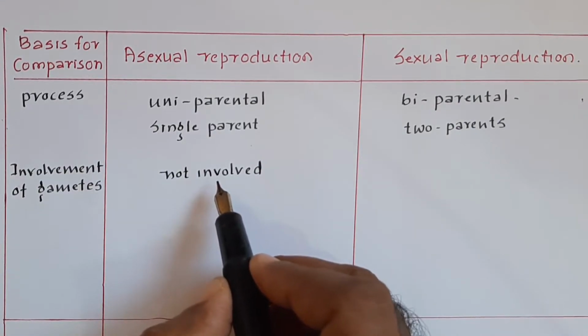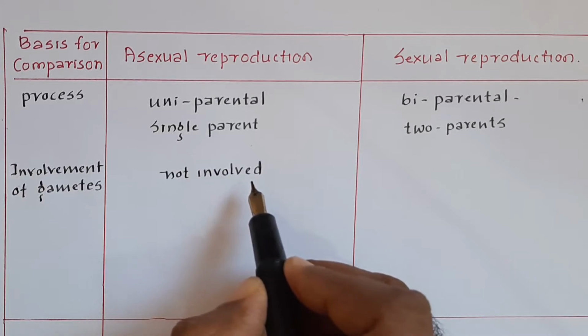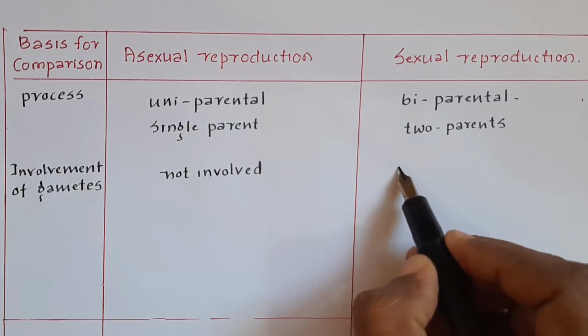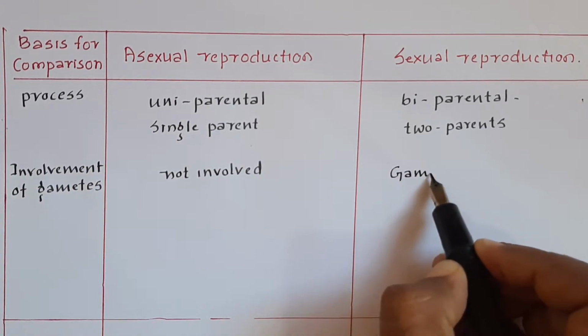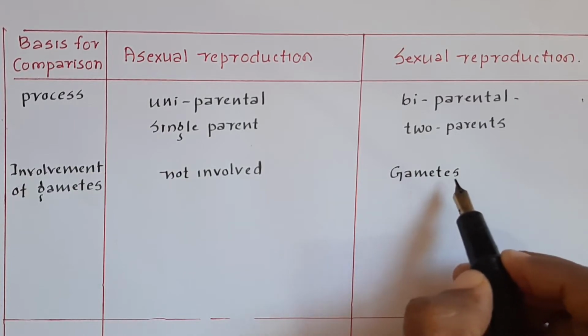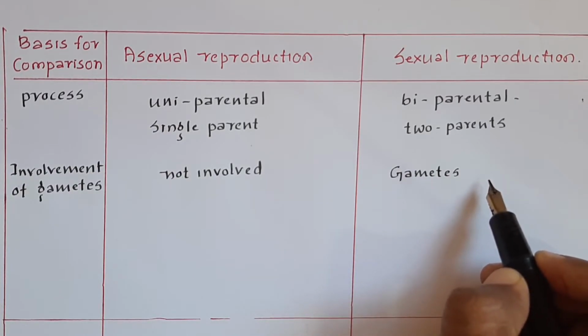In case of asexual reproduction, gametes are not involved. In case of sexual reproduction, gametes plays a very important role in producing offsprings, so that gametes are involved in sexual reproduction.